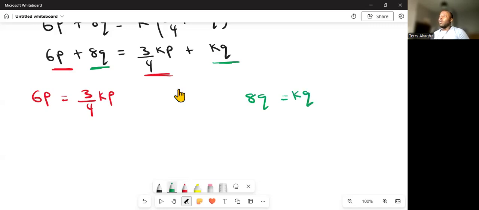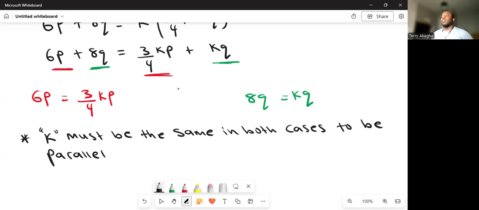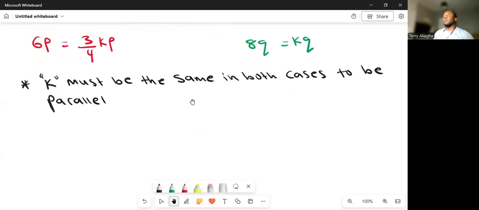And if they are equal, that means for it to be parallel, K must be the same in both cases. To be parallel. Okay, so let's do that. We're going to start with the red one.